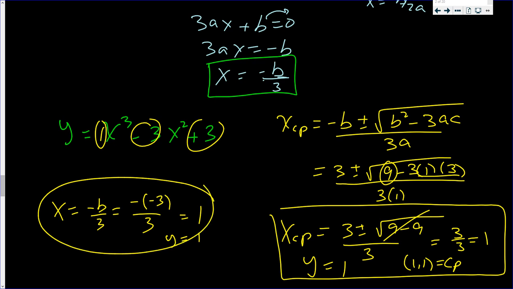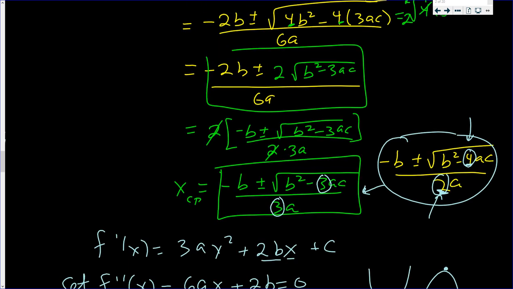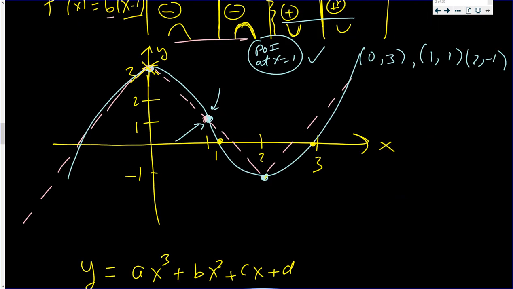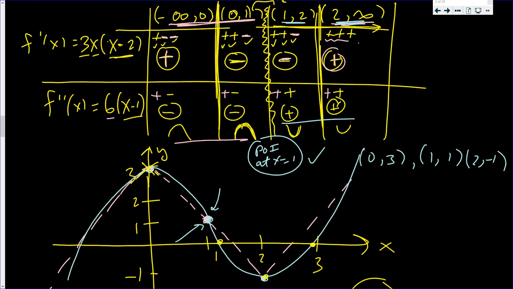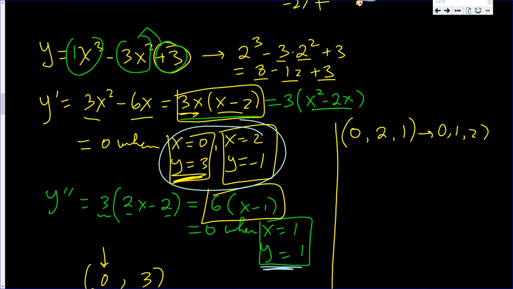The problem here is what is going on, because we did get critical points, max and mins, at x equals 0 and at x equals 2. Did I write down the right formula?